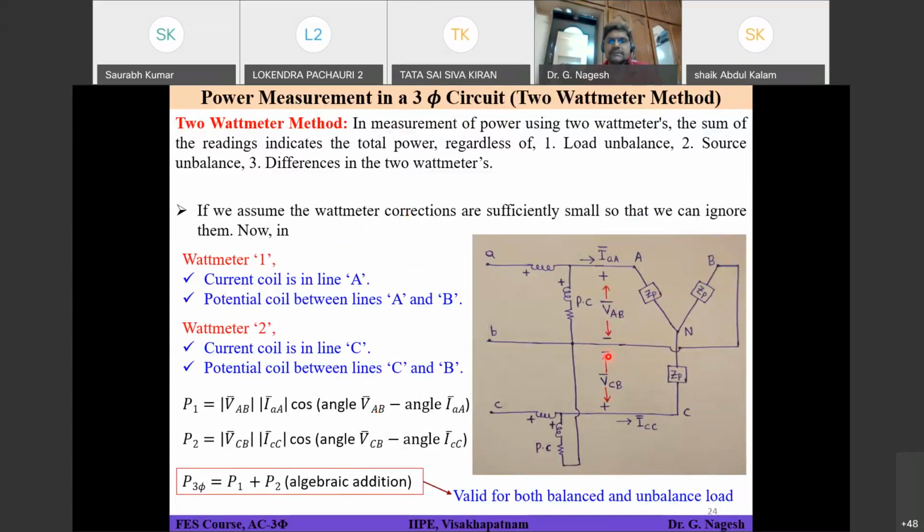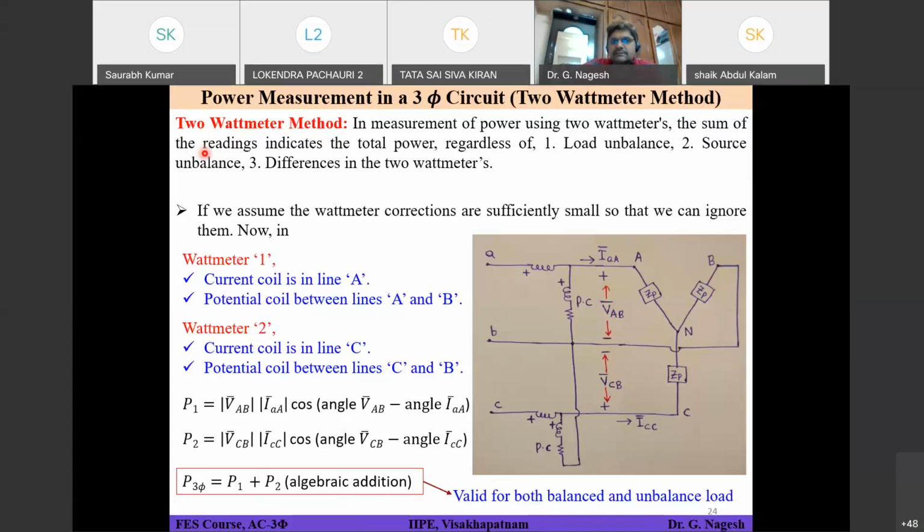Whether one wattmeter is sufficient, or you require 3 wattmeters, or 2 wattmeters to measure power in a 3-phase circuit. You can use 3 wattmeters and measure power in all the 3 phases and simply add up all those 3. That will give you the 3-phase power in a circuit. There is one more method by which, using only 2 wattmeters, you can measure power in a 3-phase circuit. That we are going to see now.